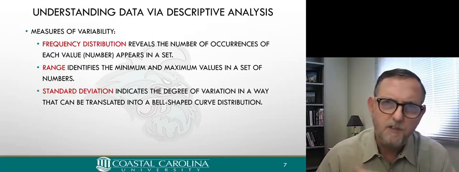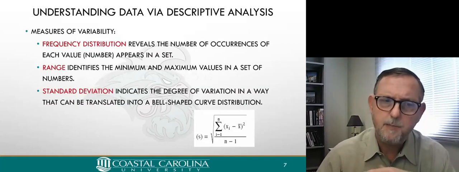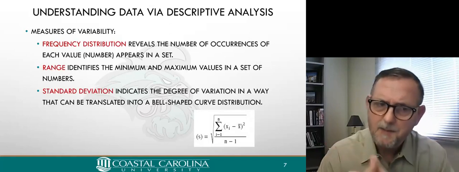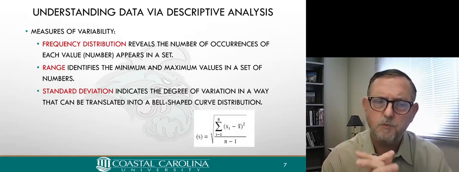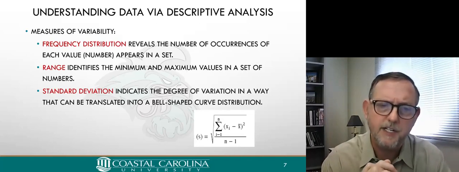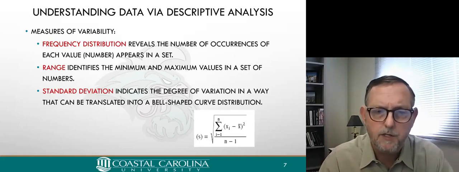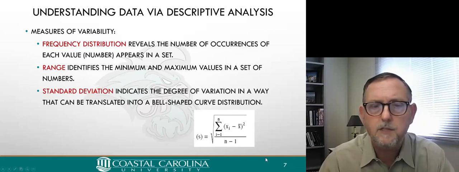Okay, so again, we have these calculations that you may do by hand, but most times we look at these things with a statistical software package to help us figure out where we're going to be with things.